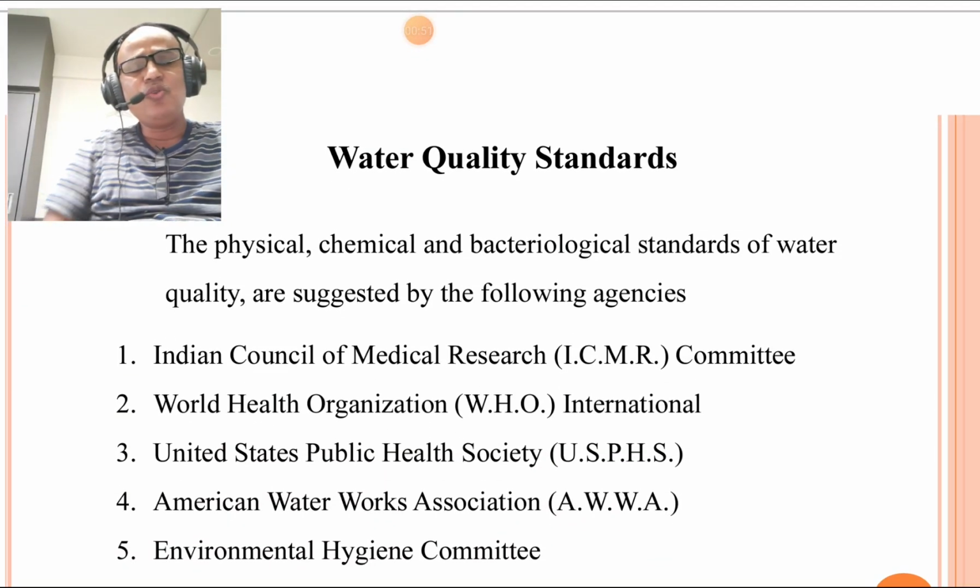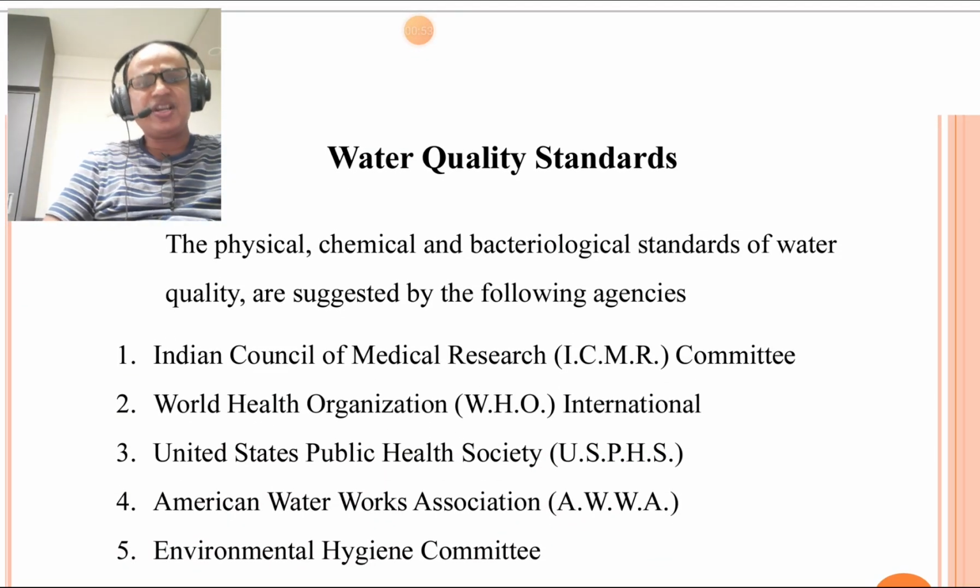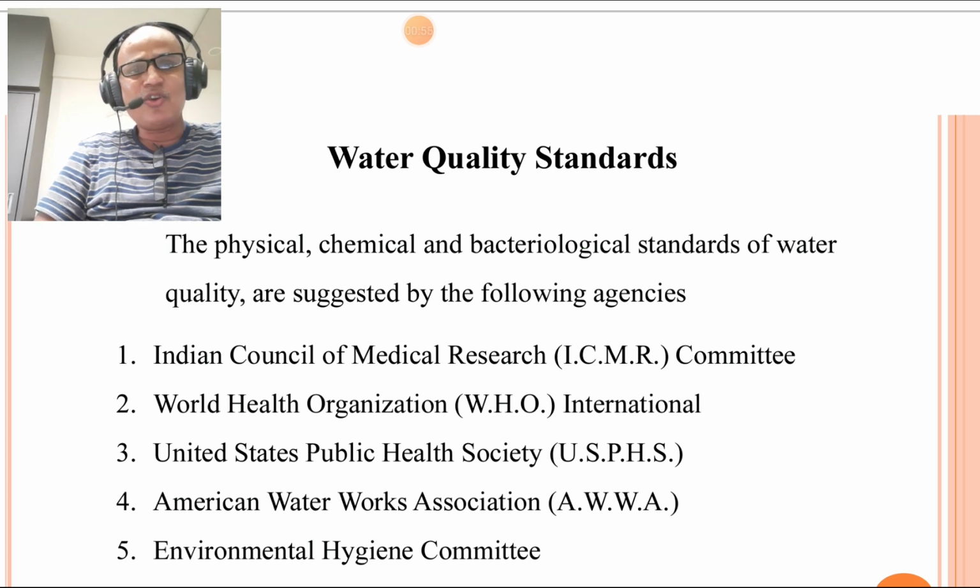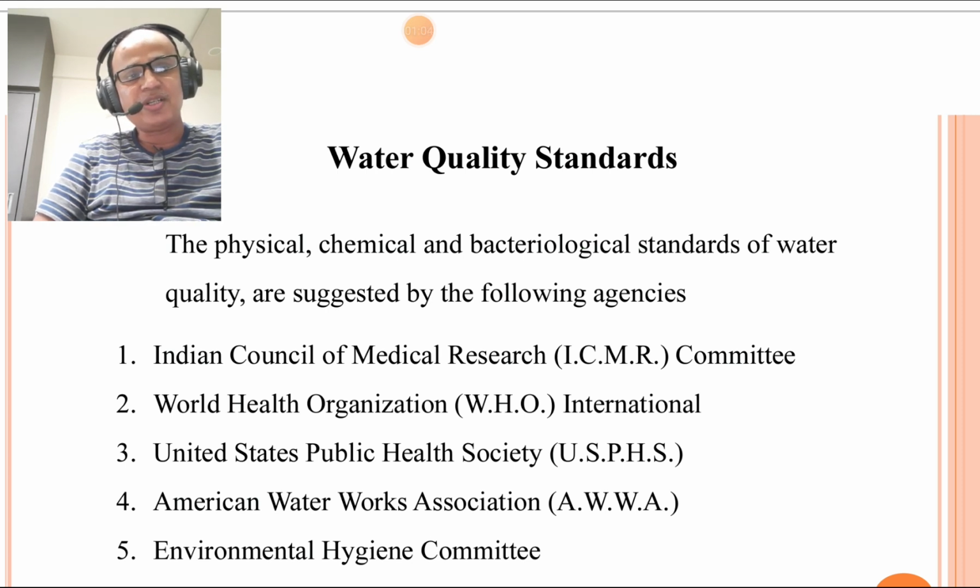First of all, we are going to discuss the water quality standards. The water quality standards are divided into 3 categories: the physical standards, chemical standards, and bacteriological standards of water.